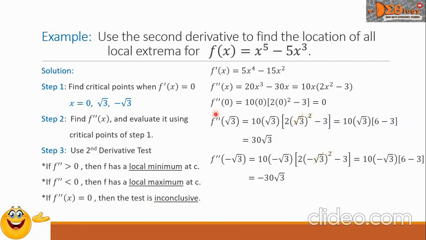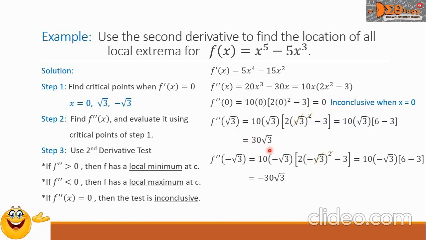Let us see now f double prime of 0, and this is equal to 0. In this case, we say that it is inconclusive when x is equal to 0. Next is the second derivative at square root of 3, and the answer is positive 30 square root of 3.